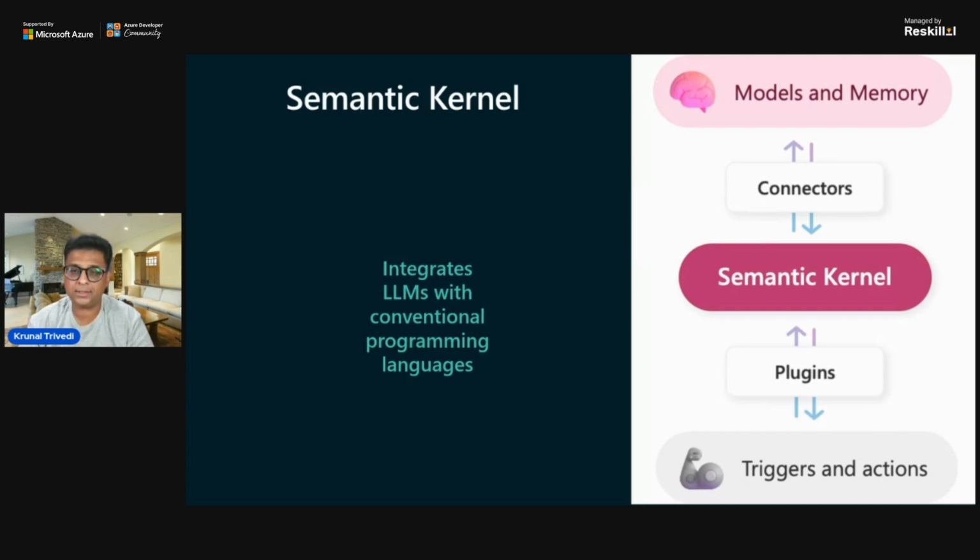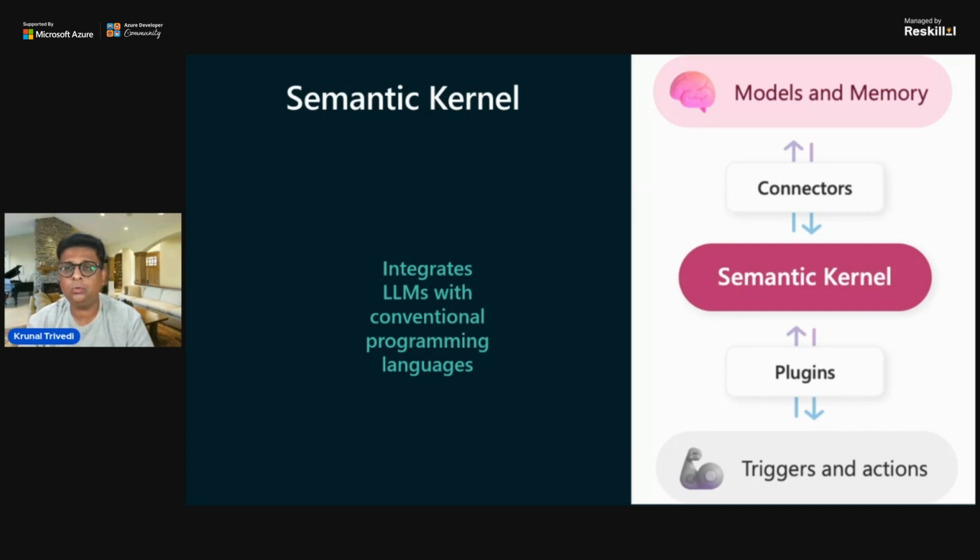So we have connectors. The Semantic Kernel SDK offers a set of connectors that enables you as a developer to integrate LLMs into your existing application. So you are writing your Java project or your C# application, and now you take input from the user, and your user says, I'm going to travel to France and I want to prepare my itinerary.